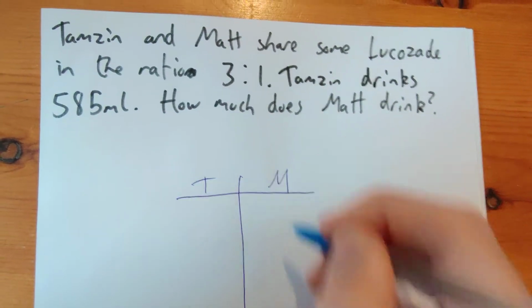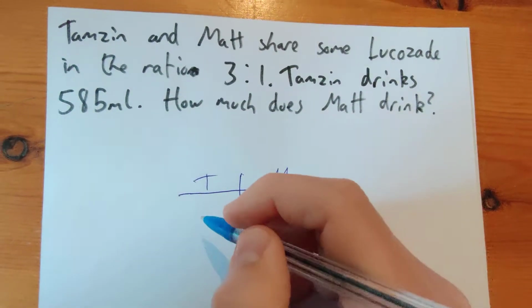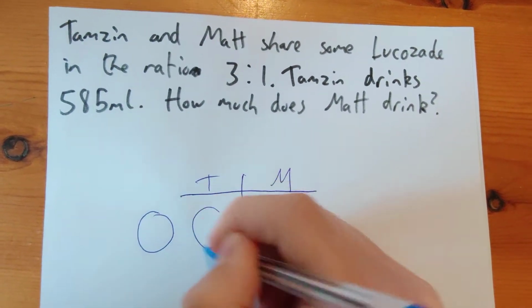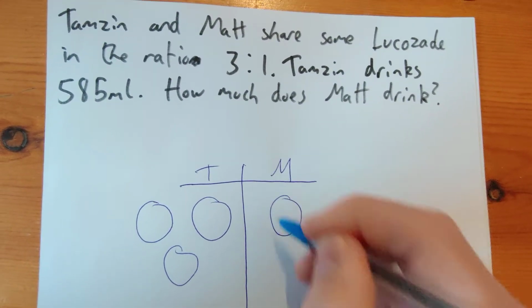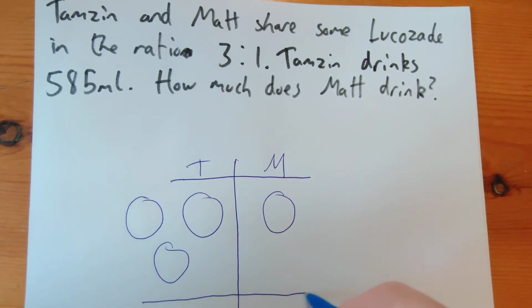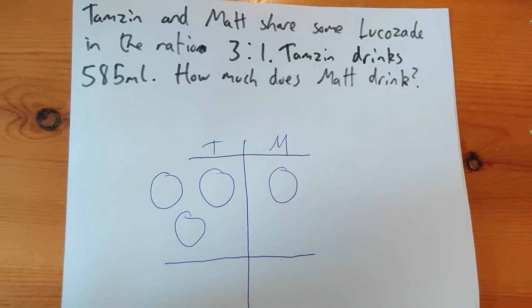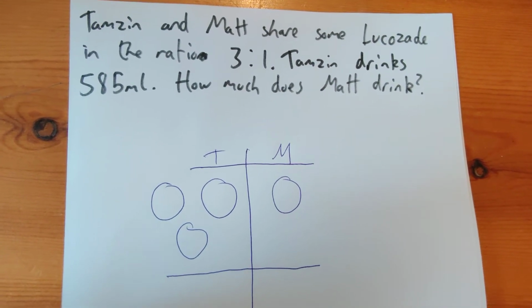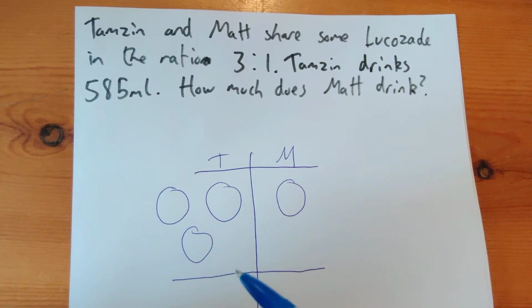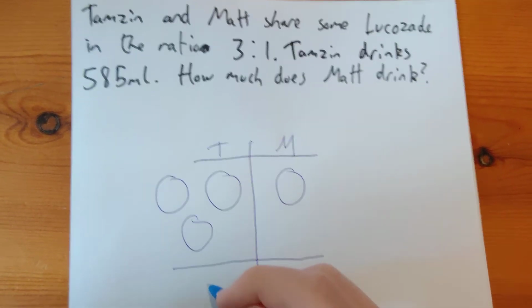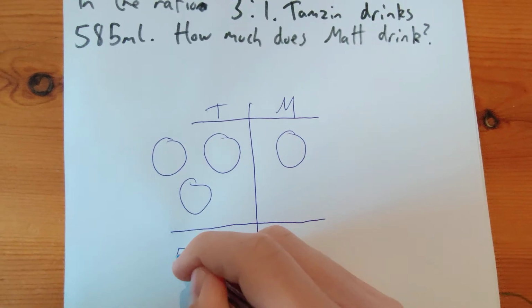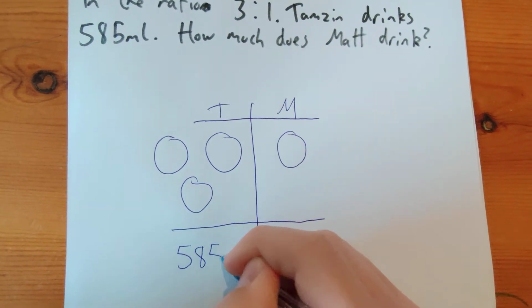T there, M there. Okay, Tamsin gets 3 parts. Matt gets 1. But this time there's another bit of information that can go in my table now, because I know that Tamsin drinks 585 ml. So Tamsin altogether has to be 585.